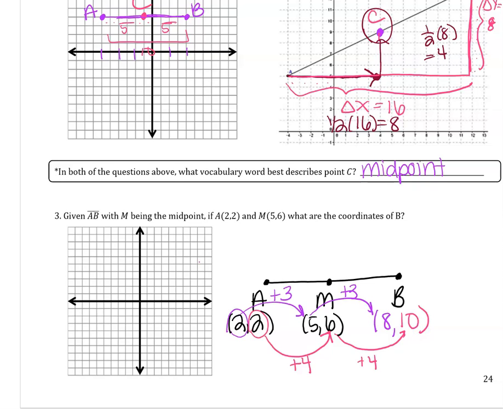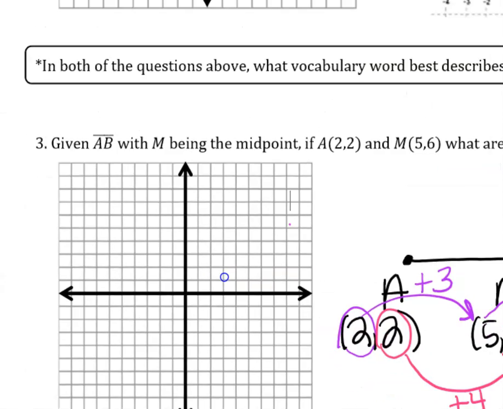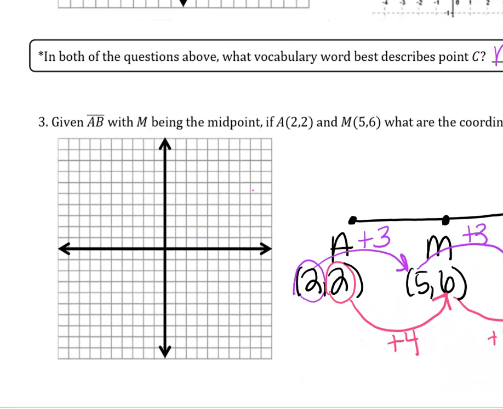Well, why does this method work? Why does it work that when I add 3 to my x's and 3 again, I end up at the other part of that segment? Well, let's look at our grid. If I have A at (2, 2), and M is at (5, 6), 1, 2, 3, 4, 5, 6.